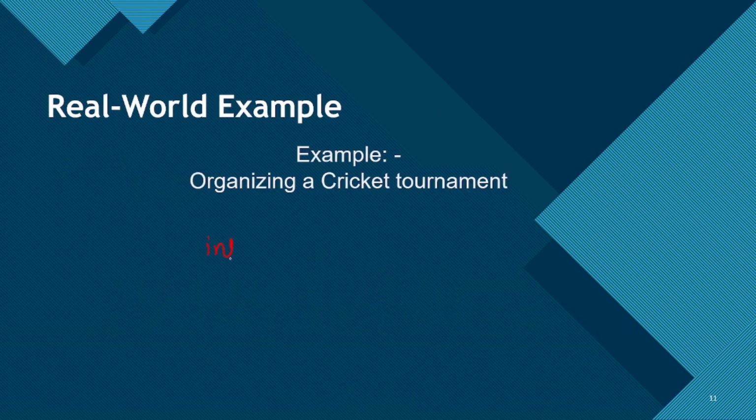We are taking first an integer array of size 5, that is score, and we write the scores, that is 78 55 90 45 62. This is the score of 5 players.